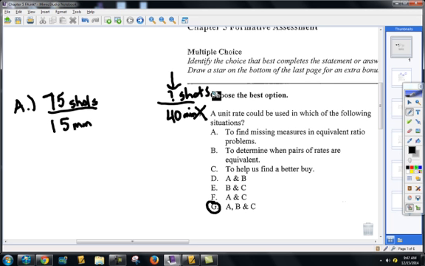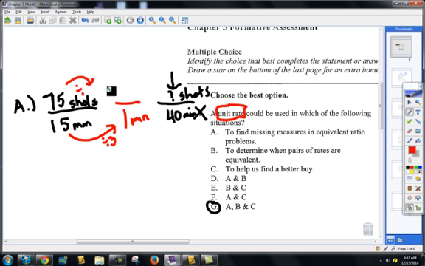Now, most of you would just line this up and you would cross multiply and divide, right, everybody? But here's my question to you. Could you use unit rate to figure out this answer? Absolutely. You could figure out how many shots per minute and then multiply it by 40 to figure out how many shots you would take in 40 minutes. So I know that I would be dividing by 3.